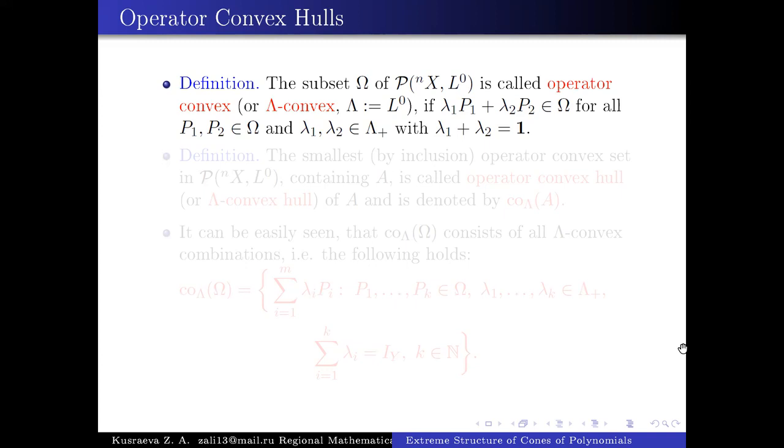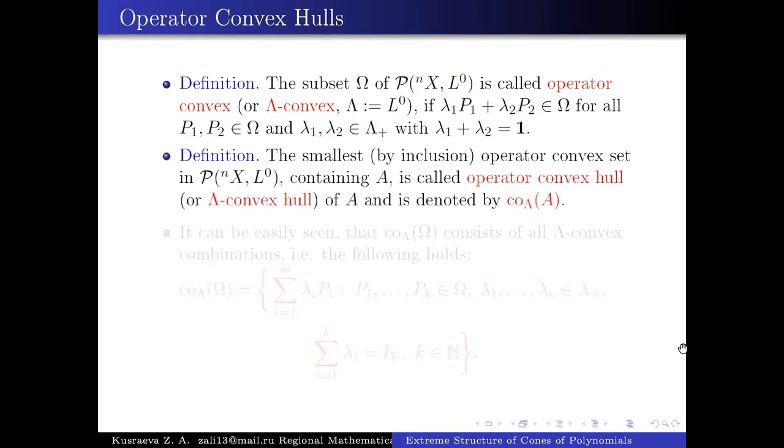Also, I need to say what operator convex set and operator convex hull are in this case when we speak about polynomials. But as you see, these two definitions are again very similar to what we discussed before.